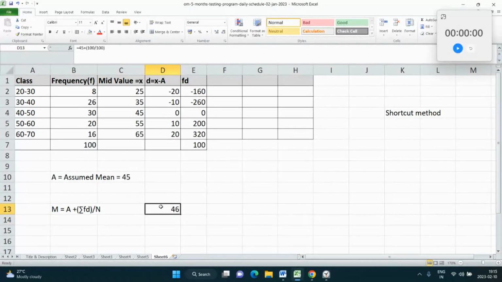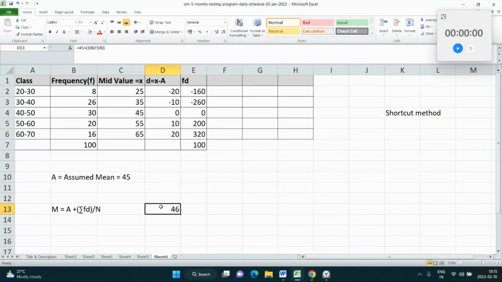Which is nothing but 46. So when I use the shortcut method, what I get is the arithmetic mean is equal to 46.